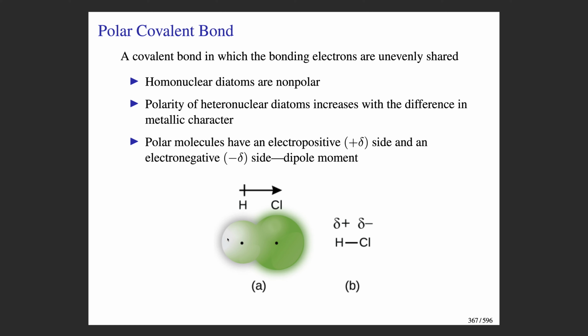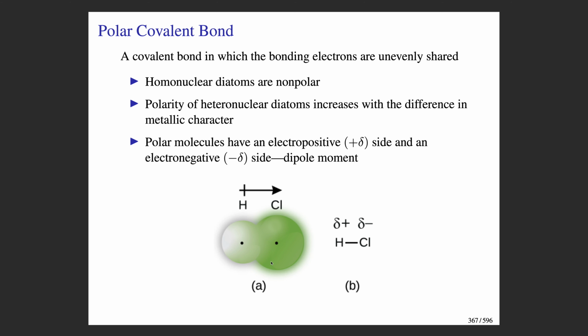Whenever you have an unequal sharing of the electrons in a chemical bond, we say that there is a dipole moment in the molecule, and so the molecule has a negative end and a positive end. And that's depicted by this arrow here, where you draw a plus sign on the positive side of the molecule, pointing to the negative side of the molecule. We call this the dipole moment, and this is a polar molecule.